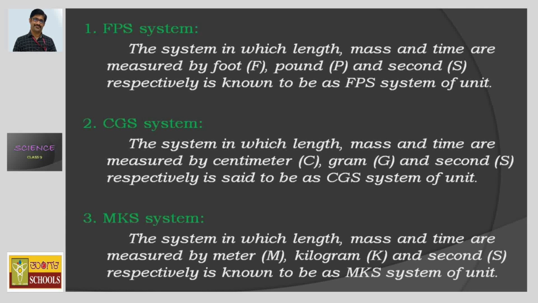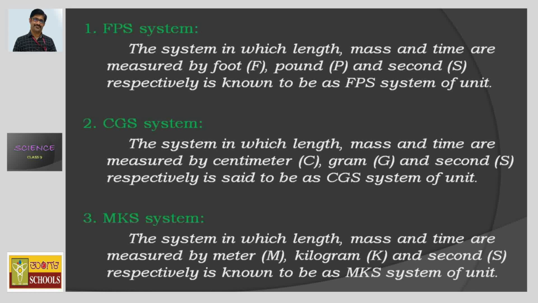The system in which length, mass and time are measured by foot, pound and second respectively is known as the FPS system of units. Some people still use it, but the scientific community follows the International System of Units. For our understanding, we need to introduce these systems.